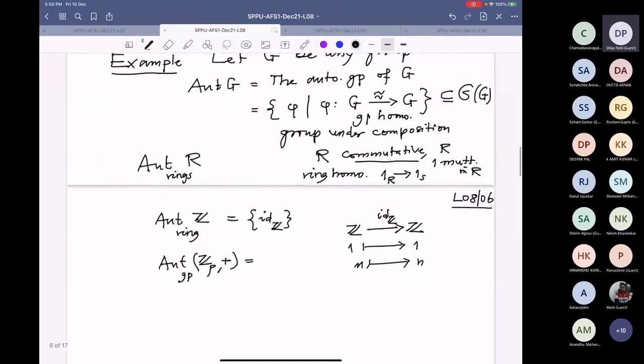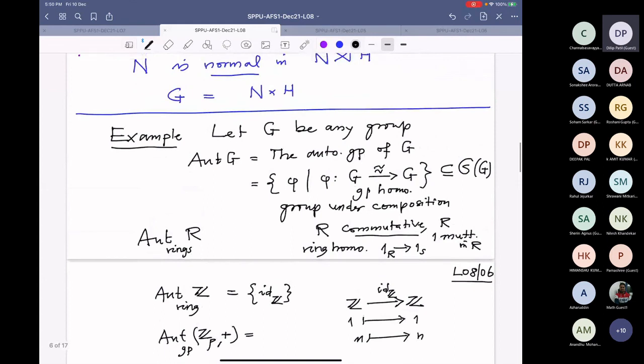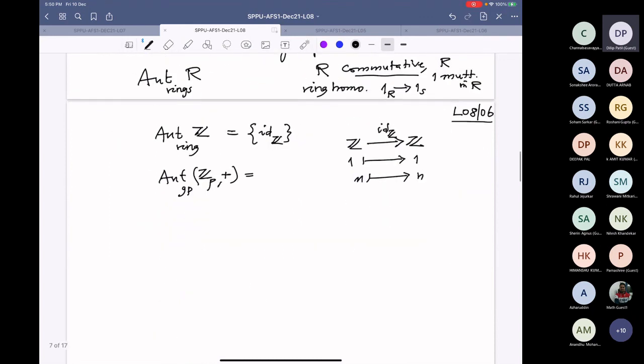Computing the automorphism group is a very important issue because we want to know how many automorphisms there are. The automorphisms are called the symmetries of that object. So we want to know how many symmetries there are. That is a topic I will take up on a larger scale in the coming lectures.